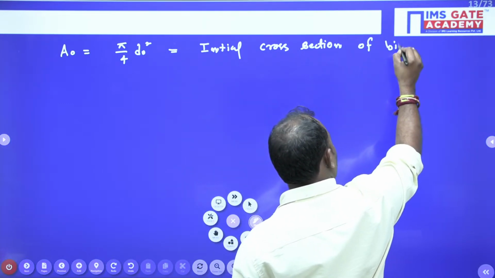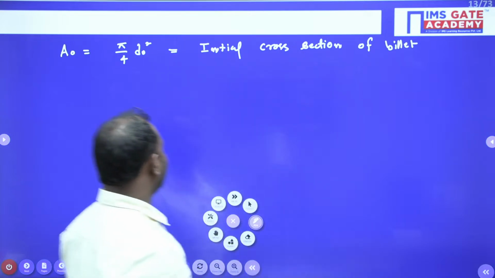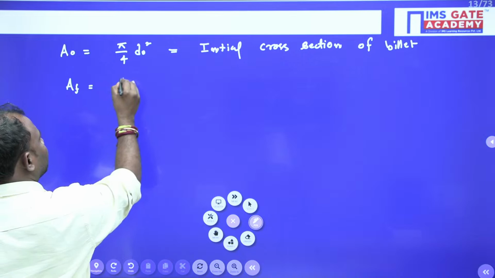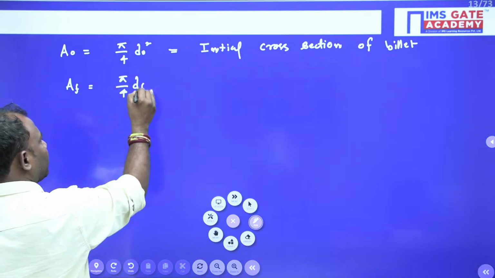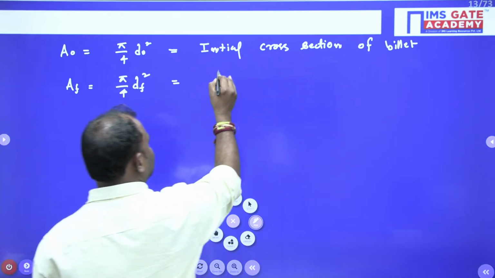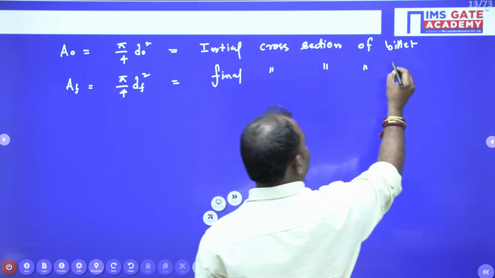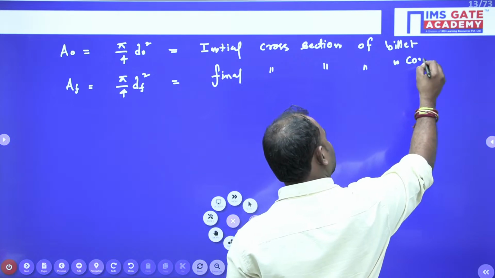Next, AF is pi by 4 DF square, that is the final cross section of the workpiece component.